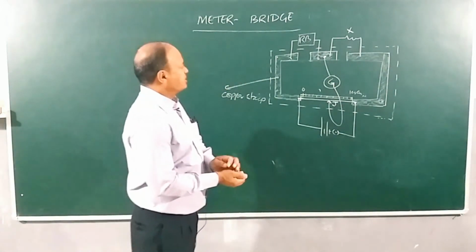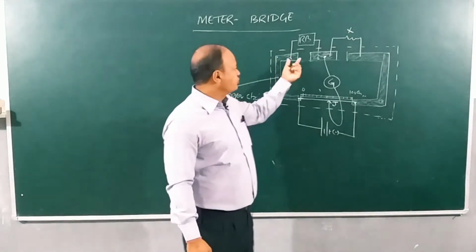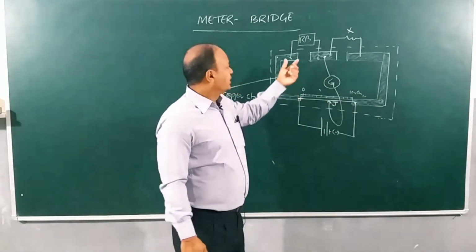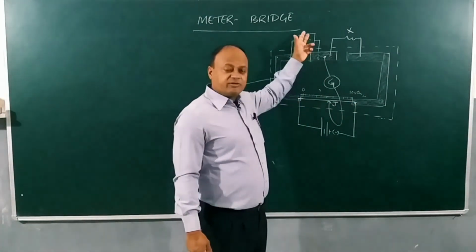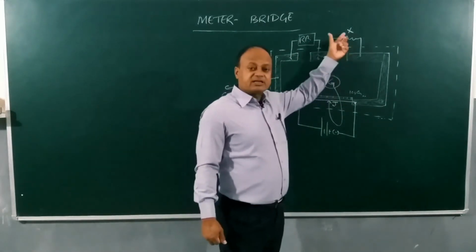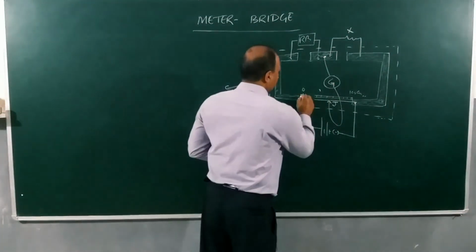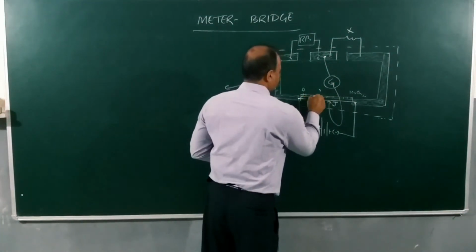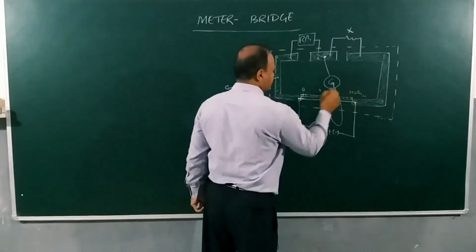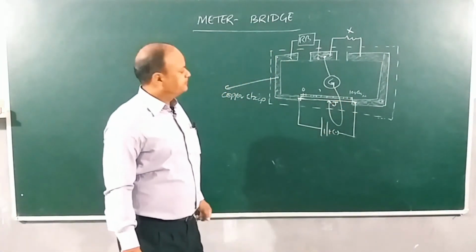So this is a meter bridge. A meter bridge has got copper stripes fitted on a wooden board. There are 2 smaller gaps, and there is a large gap of exactly 1 meter. In one of the smaller gaps, we connect a resistance box. In the other smaller gap, we connect the unknown resistance. In the larger gap of 1 meter, we have fitted a 1 meter scale from 0 to 100 centimeter, and then a copper wire is connected.